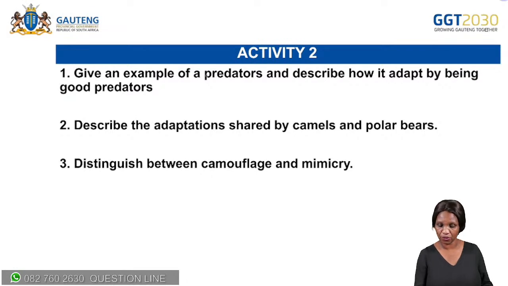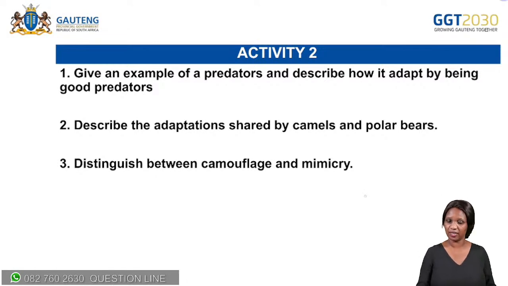Give an example of a predator and describe how it adapts by being a good predator. Then 2, describe the adaptations shared by camels and polar bears. Then 3, distinguish between camouflage and mimicry. Distinguish between camouflage and mimicry. 3 minutes. Let's start writing.